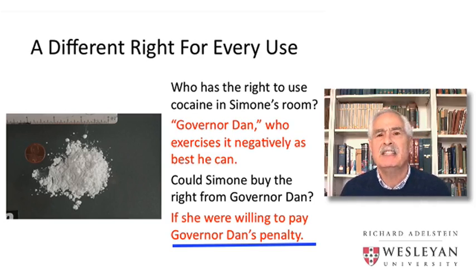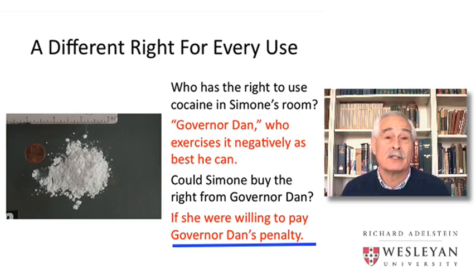She would have seized that entitlement from Governor Dan, that property right, and she would have used it to use the cocaine. But she then, most likely, would be arrested and made to pay a penalty set by Governor Dan.